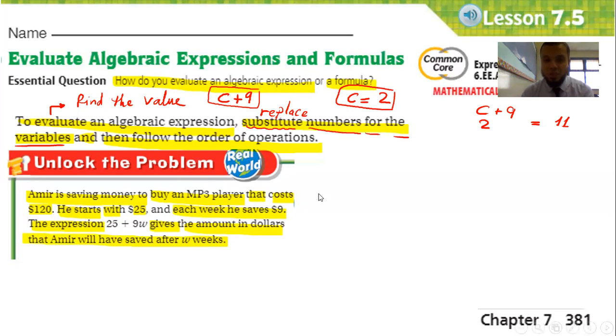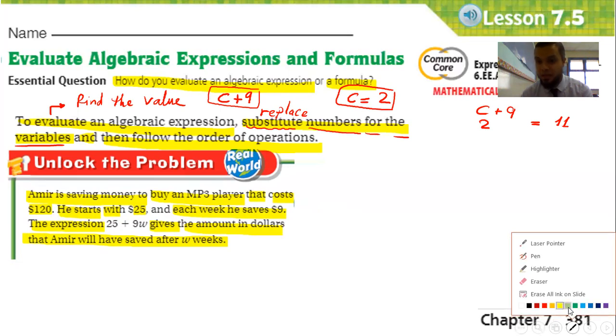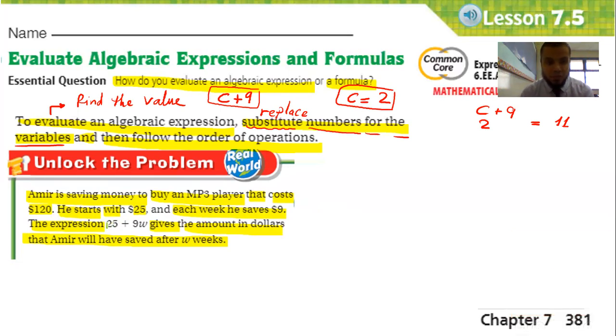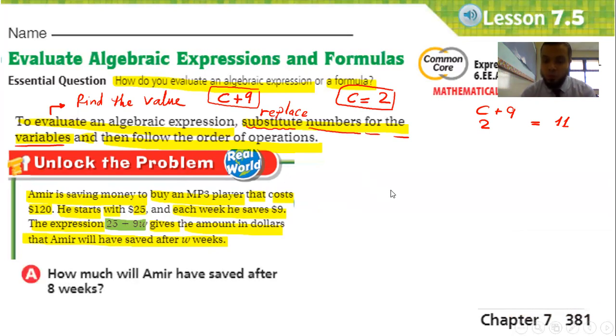In this question, we have an expression. Ask yourself, what is the expression that I have in the question? 25 plus 9W. Great. Ask yourselves some questions. Here, I would like you to read question A. How much will Amir have saved after 8 weeks? How can you know the answer?